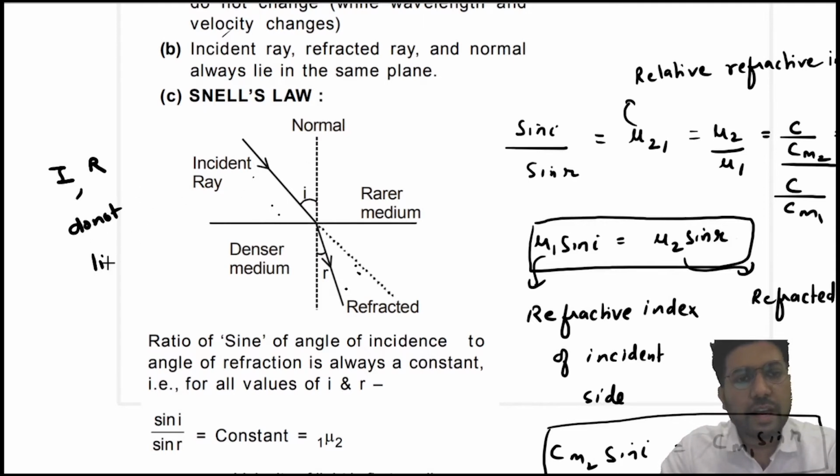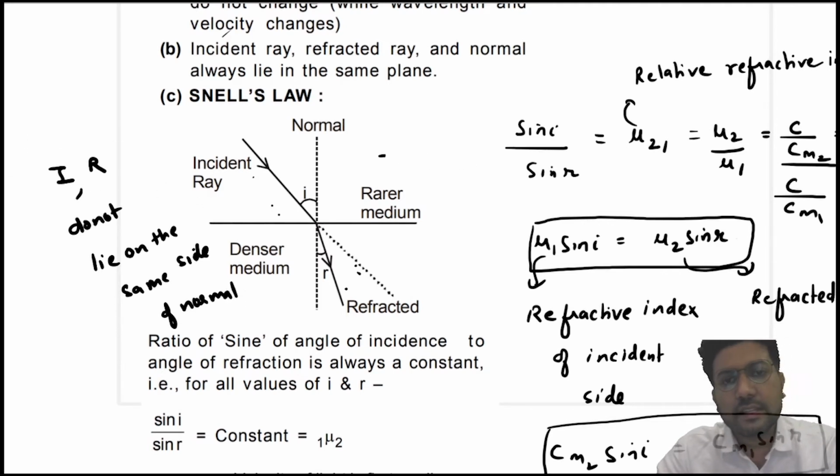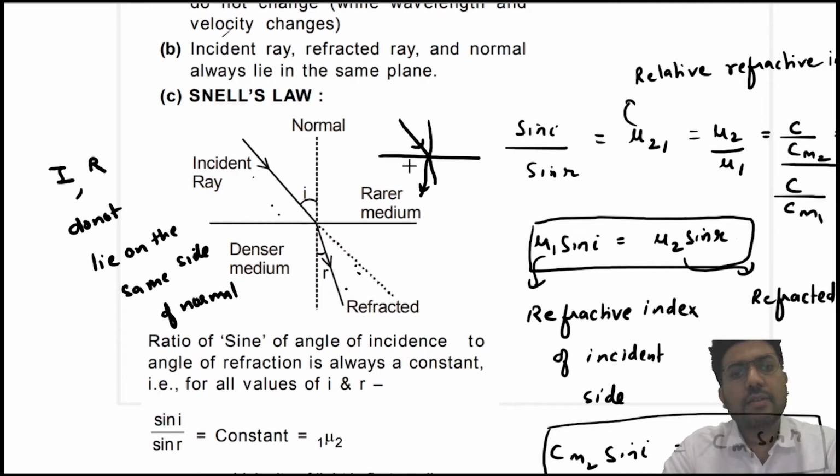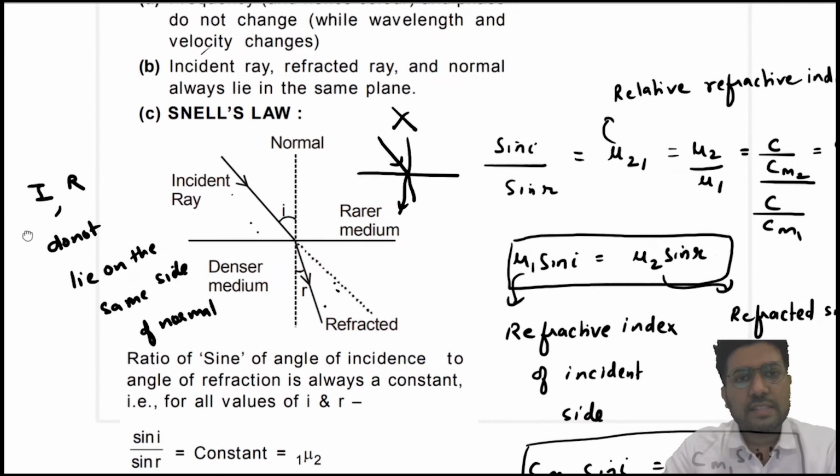This is very important. What I mean here is, if the incident ray is like this, then the refracted ray cannot be like this. It will be on the other side of the normal. Okay, incident ray and refracted ray lie on opposite sides of the normal, and not on the same side.